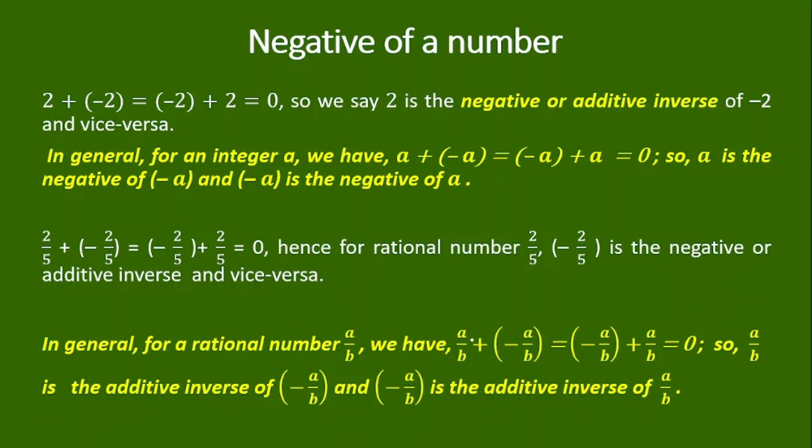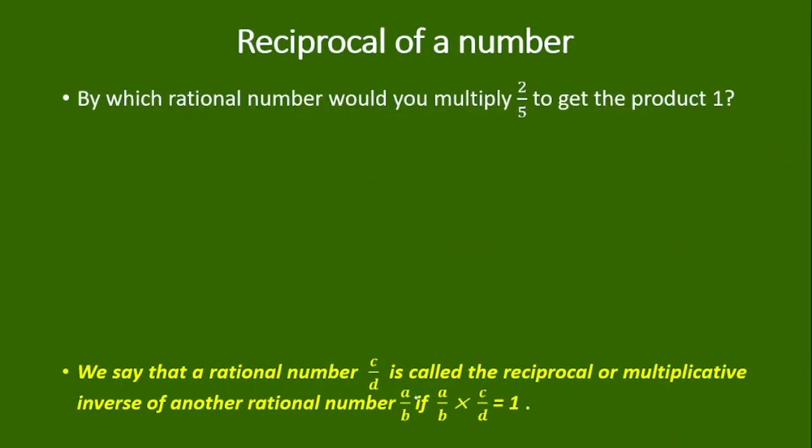I think it's clear, because when you add minus a upon b with a upon b, you get 0. So that is why minus a upon b is the additive inverse of a upon b. Similarly, if I add a upon b with minus a upon b, I get 0. So that is why a upon b is known as the additive inverse of minus a upon b. So this is what the negative of a number is.